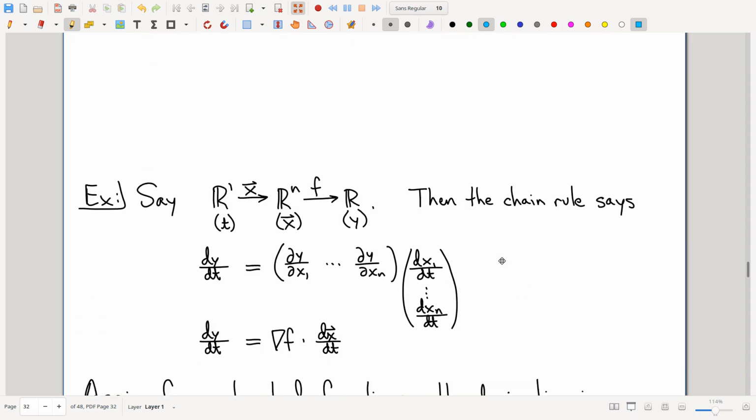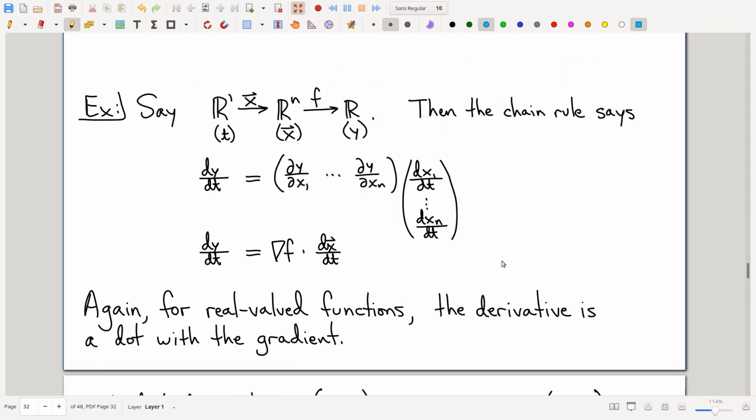Okay, so this next special case is a special case of the special case, and there's very little to say about this one, actually. Remember, we just got through talking about the idea that if you have but a single input variable, call it t, let's say, then you're looking at position as a function of time. You can interpret this, then the chain rule is a statement about velocities. All good.